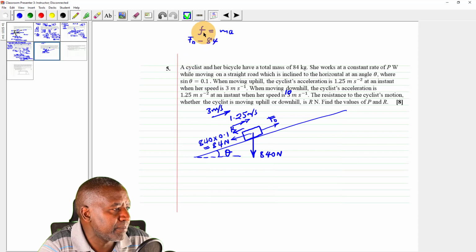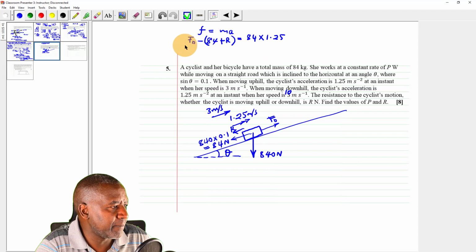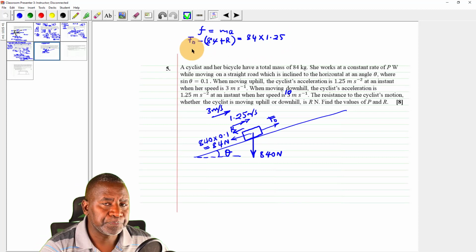So Fd minus the forces opposing her motion is going to be equal to 84 times a, which is 1.25.